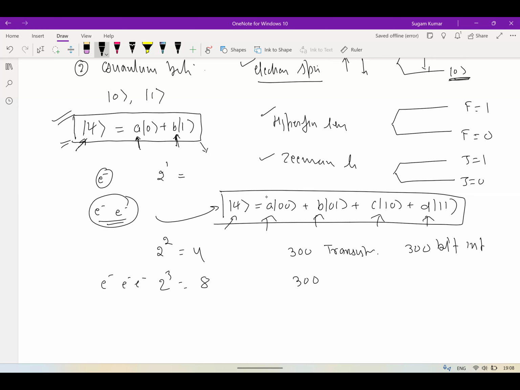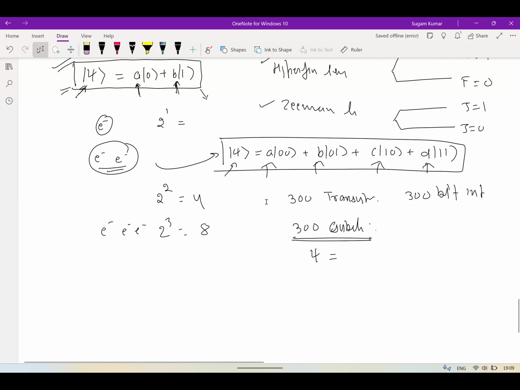But if you have 300 qubits, the superposition of 300 qubits is going to store 2 to the power 300 pieces of information in the form of these complex numbers, which is nearly equal to 10 to the power 90.